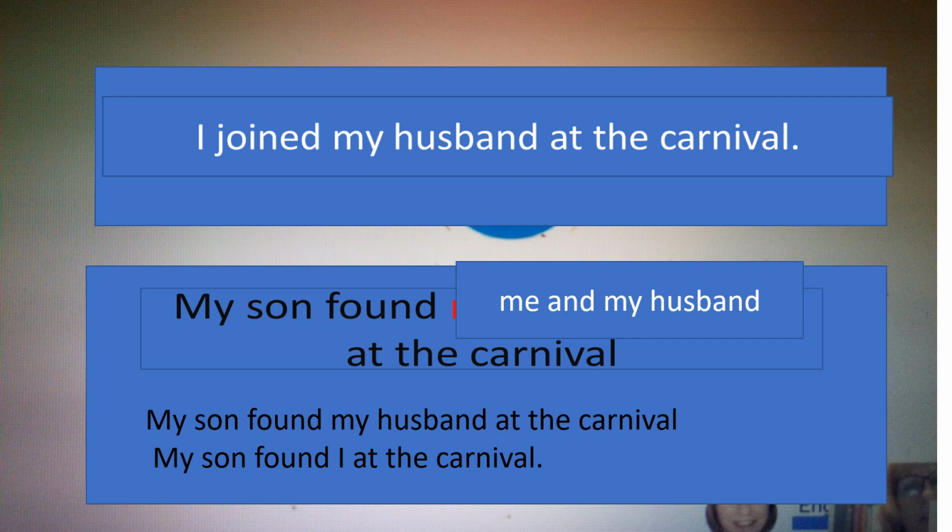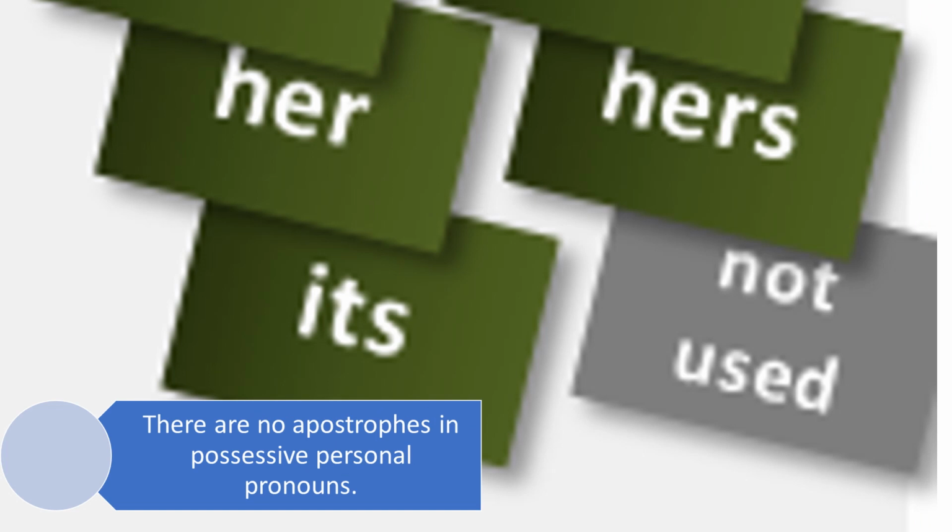So the first sentence: My son found me at the carnival. Yes, that would be an accurate, simple sentence. My son found my husband at the carnival would also have been an accurate sentence. So that just shows that you sometimes have to take the sentence and divide it to check, have you used it correctly?